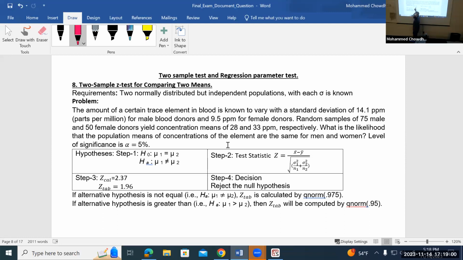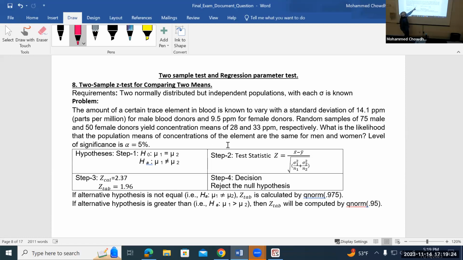It is not saying that the male one is greater than the female one. Is there any indication in the question? No, right? If you do not see any indication whether one group has higher concentration compared to the other, then you will set up your alternative hypothesis as not equal to.